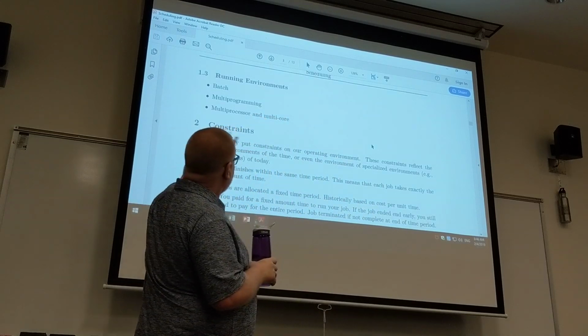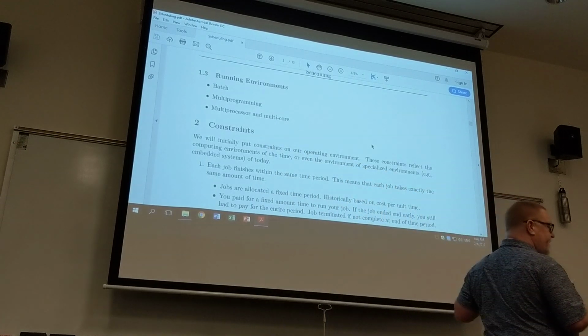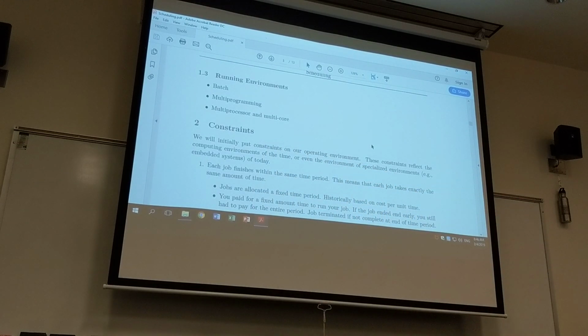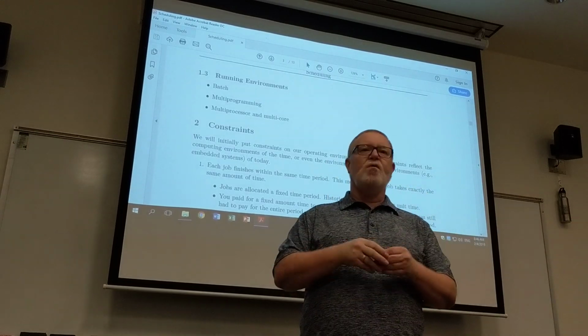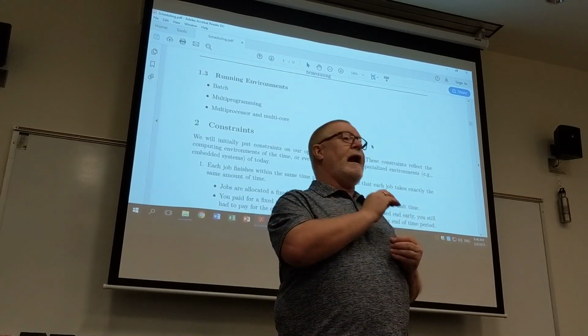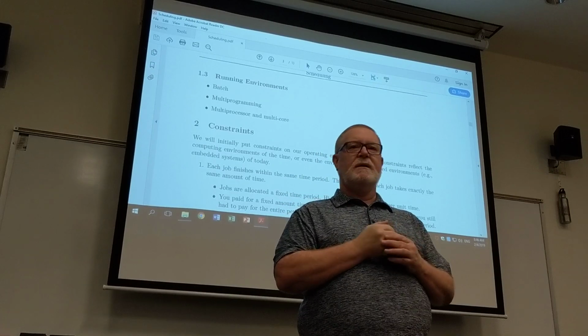We are now at the idea of multiple processors, and one aspect of that is called multi-core. I said we're going to just say processor and core and make them equivalent, because the way we're studying operating systems, we don't care. We're studying them at a higher level of abstraction.